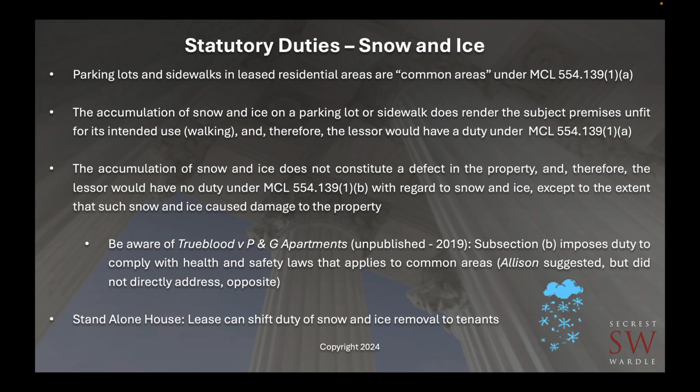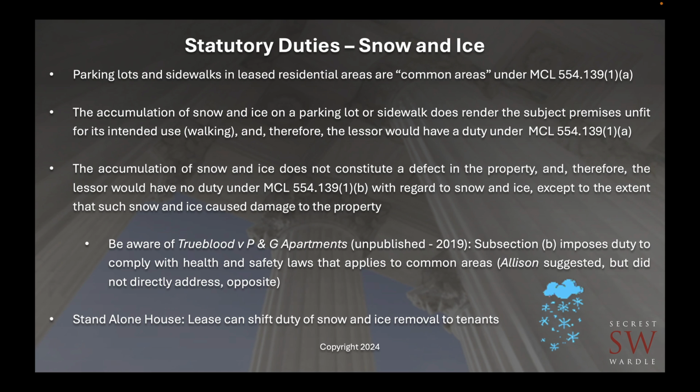However, accumulation of ice and snow does not constitute a defect in property, and therefore the landlord does not have a duty under section 1B unless it caused damage to the property.